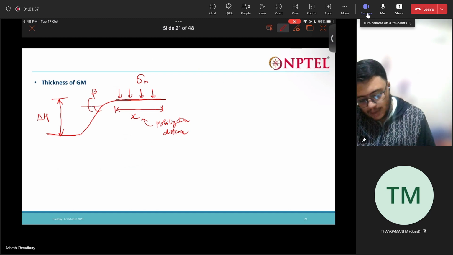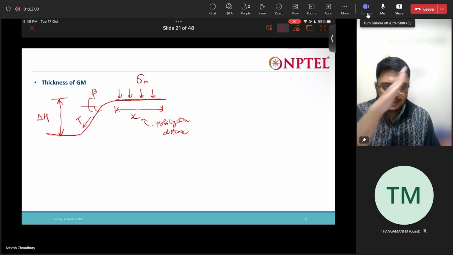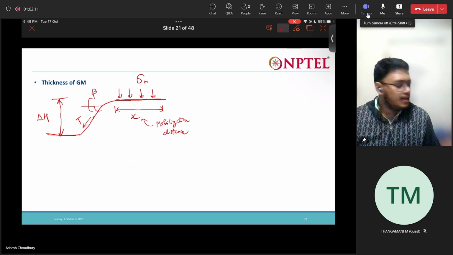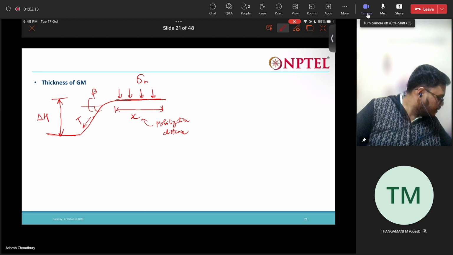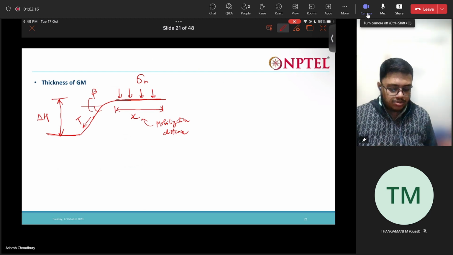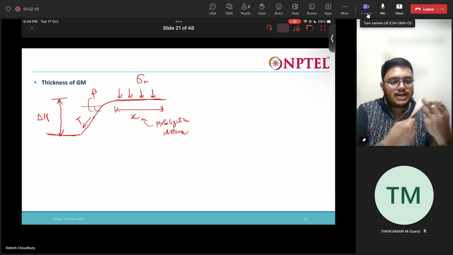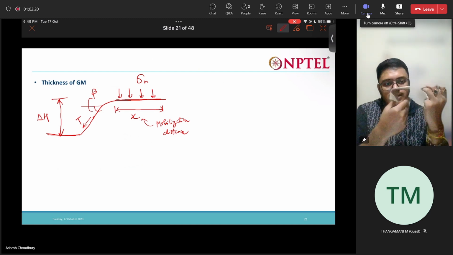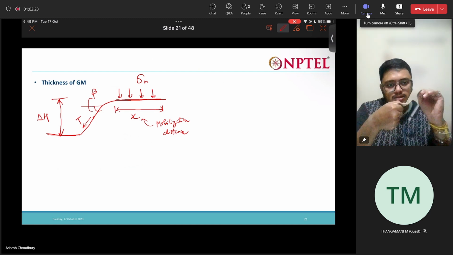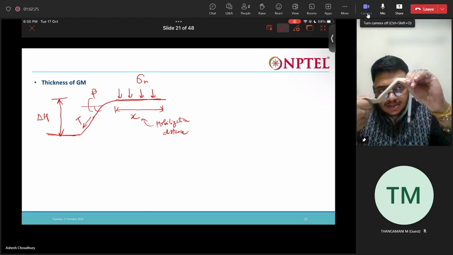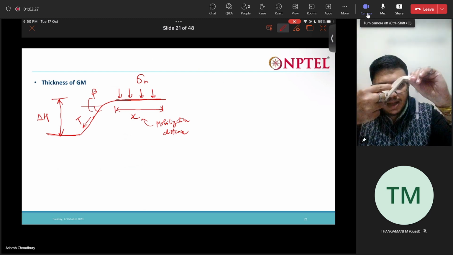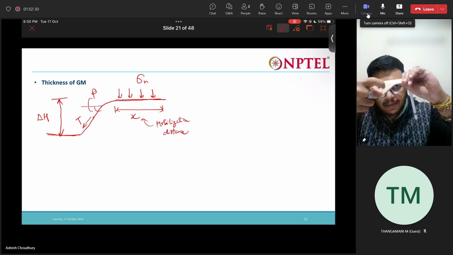What happens due to the force is that there is some tension T in the geomembrane, which is laid something like this, acting on this fabric.